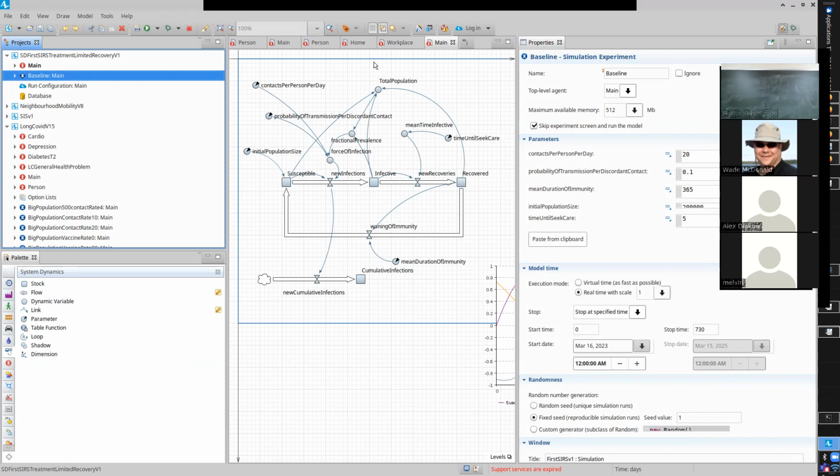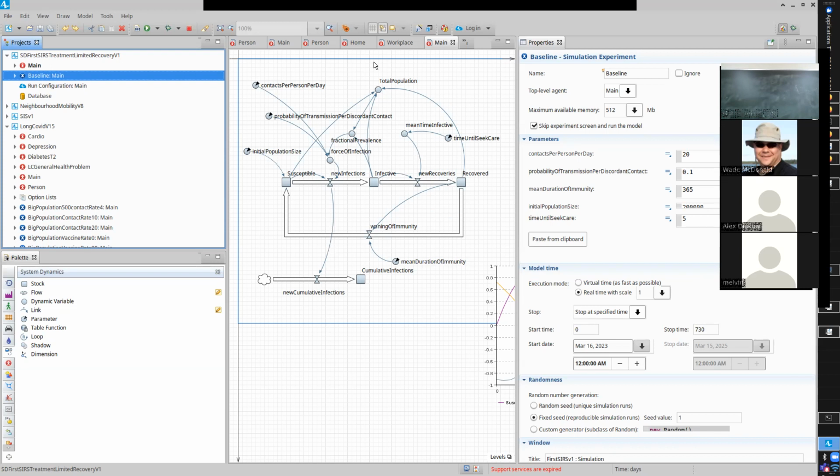So we're going to have a characterization now of people awaiting care and then being treated. I didn't plan this, but it's going to be fun too.